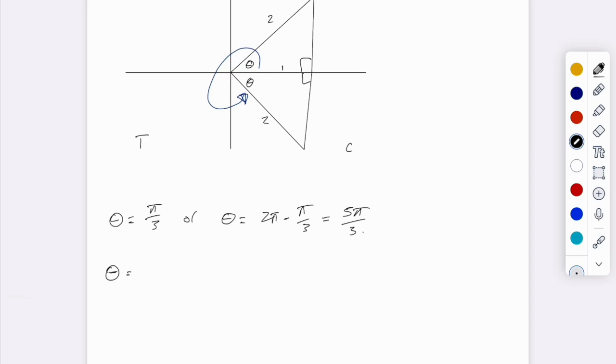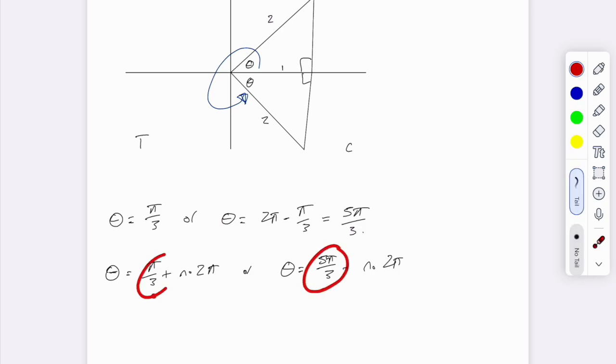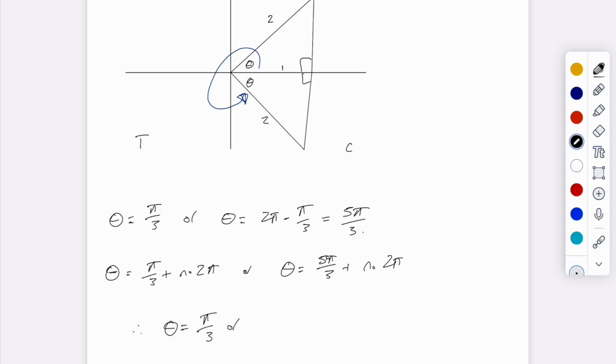So we've got theta equal to pi over 3 plus n dot 2 pi, or theta equal to 5 pi over 3 plus n dot 2 pi. It doesn't matter what value you put as n, we're only going to have pi over 3 and 5 pi over 3, because anything else is going to be outside the range. So therefore, theta is equal to pi over 3 or 5 pi over 3.